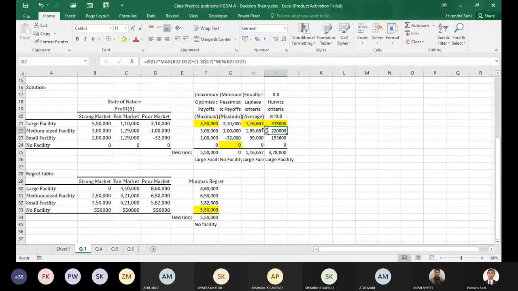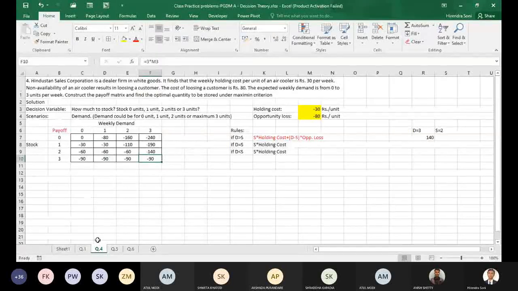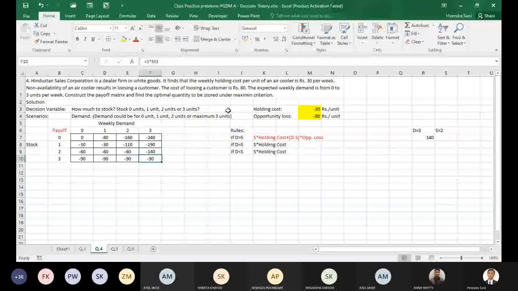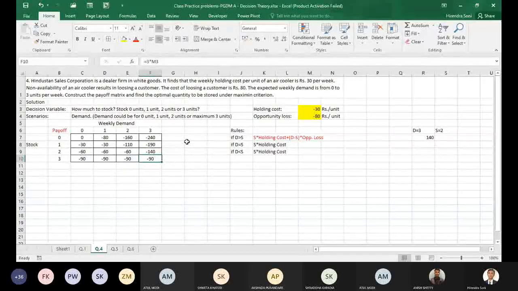Various criteria are available and even under regret matrix. So here they have already indicated that it is to be done under maximin criteria. तो आप सिर्फ maximin करोगे, but आप चाहो तो practice करने के लिए you can do it under all.